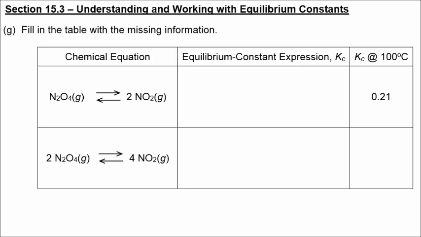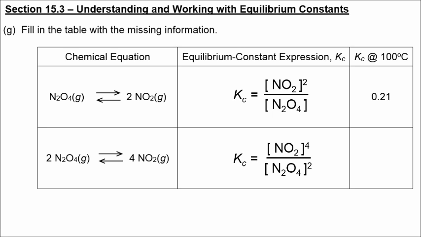Here we have a reaction, so products over reactants, NO2 squared over N2O4, and now we're doubling the equation by multiplying by 2. So the new expression would be the concentration of NO2 to the 4th power divided by the concentration of N2O4 squared. Now what is that going to do to our value of the equilibrium constant?